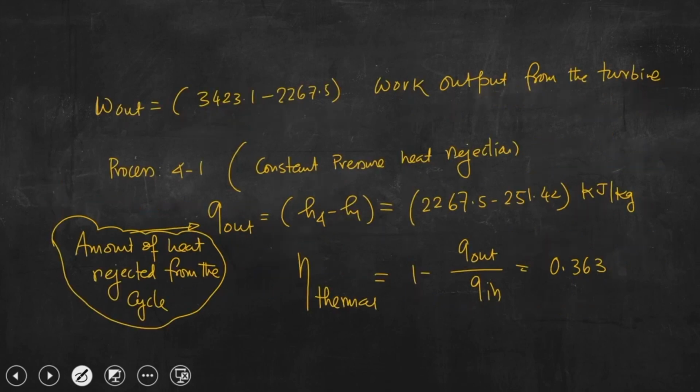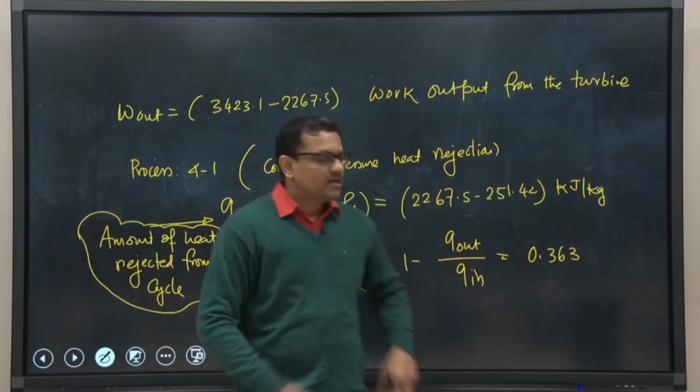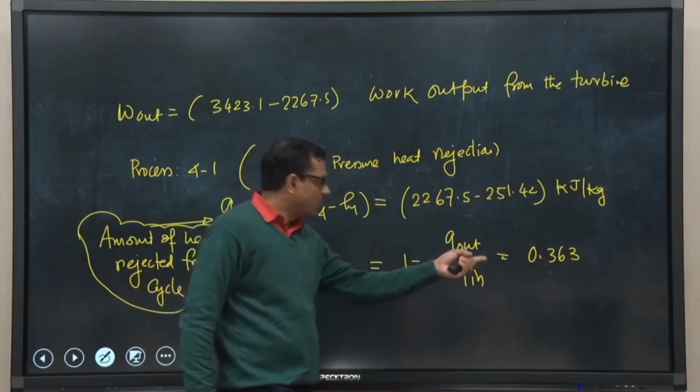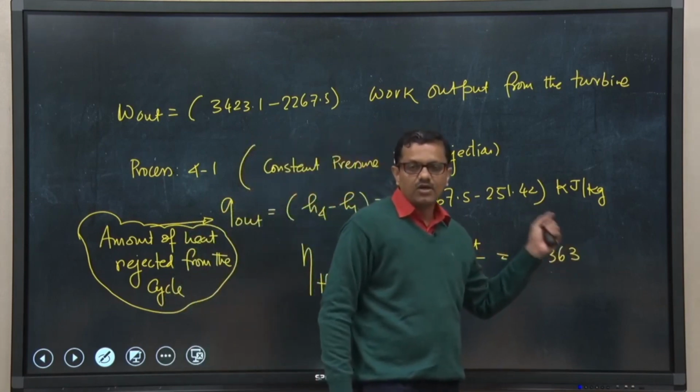For W out, you see the enthalpy at the inlet to the turbine is 3423.1, and the enthalpy of steam at the exit of the turbine is 2267.5. So, a substantial part of the enthalpy is going out from the turbine without doing any work, and it is because of this reason that the thermal efficiency of the cycle is only 36.3%.